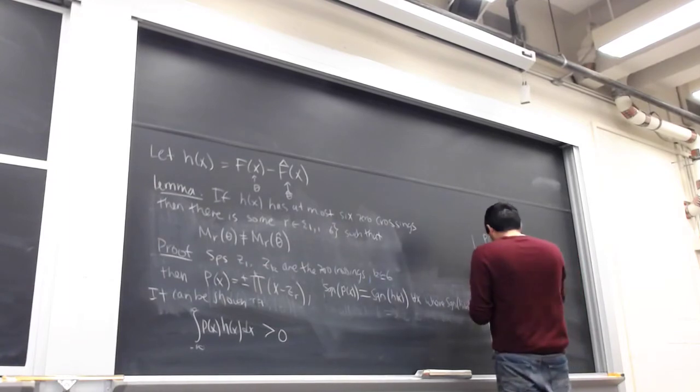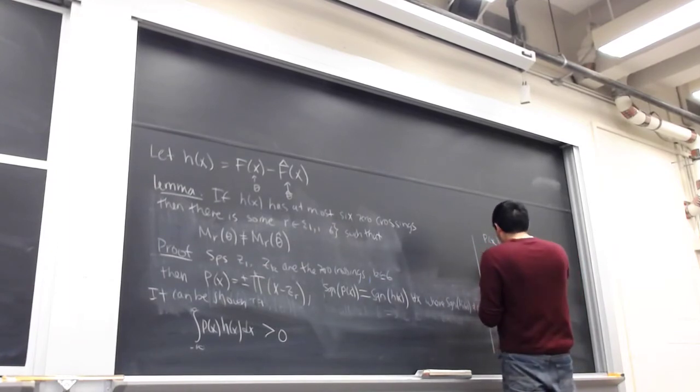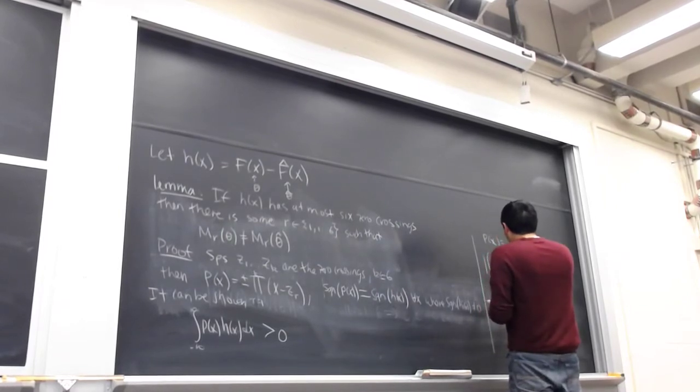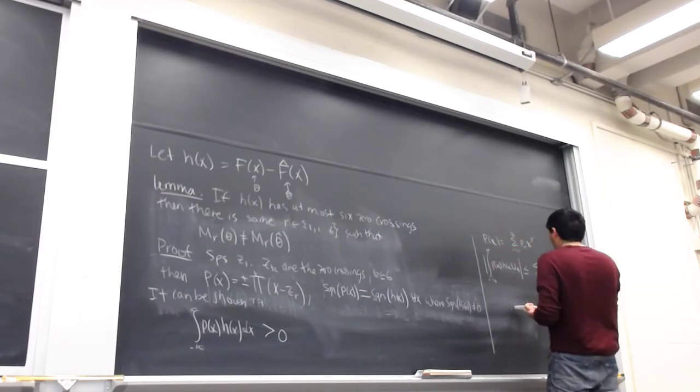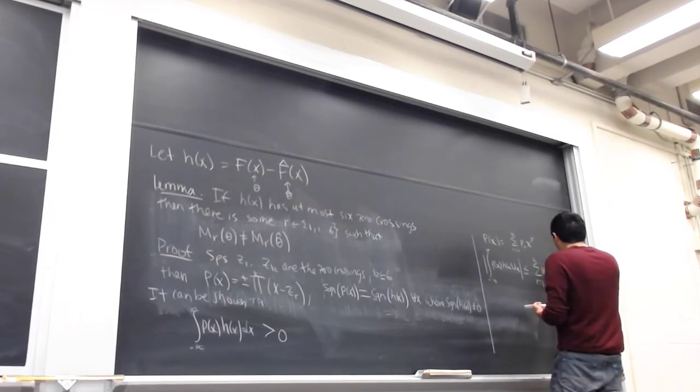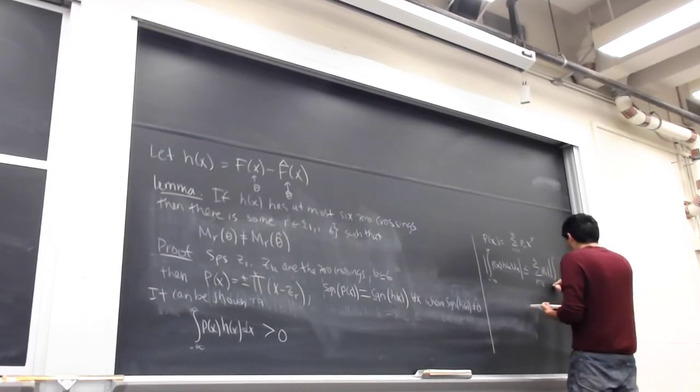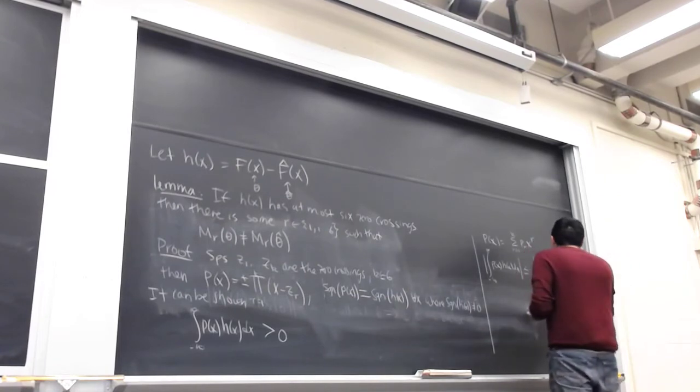And then we have the property that the absolute value of the integral of p of x, h of x dx, from minus infinity to infinity, is by triangle inequality at most this quantity.